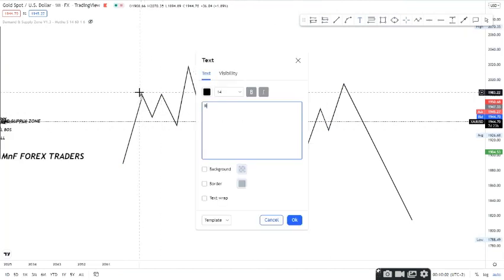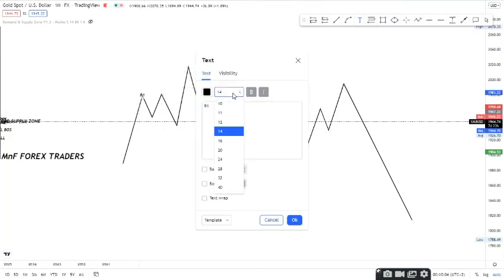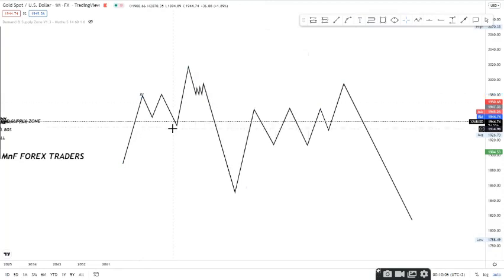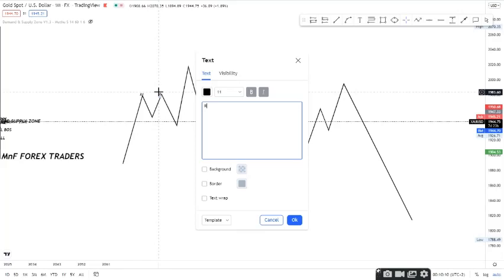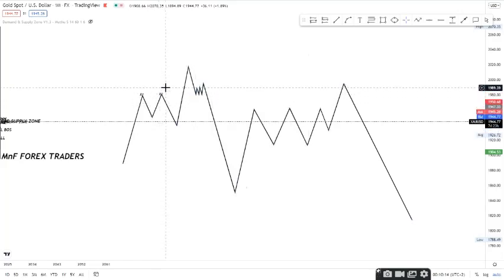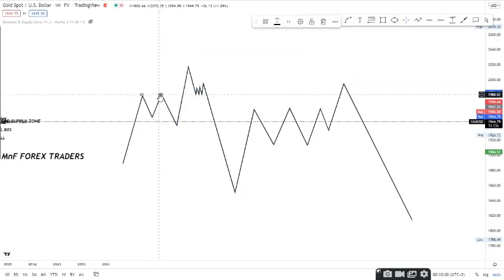So this is R1, meaning first resistance, and then we have a second resistance right there. You know what this does? Once retail traders see this, it will prompt them to want to sell on the third touch, and then guess what?